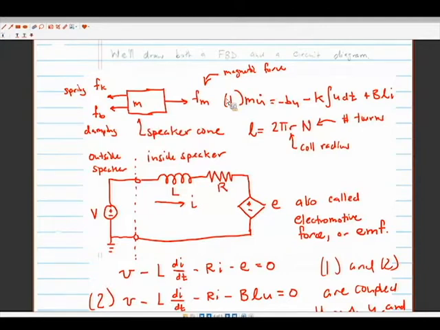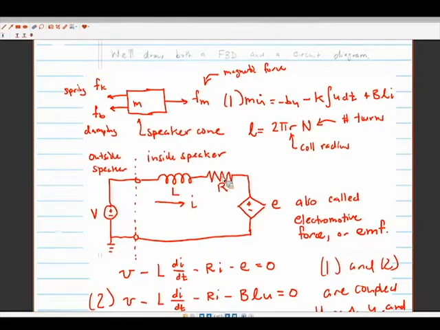So for pretty much every system we analyze, we'll have a free body diagram for the mechanical components and electrical circuits for the electrical parts. We built a free body diagram for the speaker cone mass, driven by a magnetic force with spring and damping forces on it. We also looked at the electrical circuit, where the coil can be modeled as an inductor and a resistor.